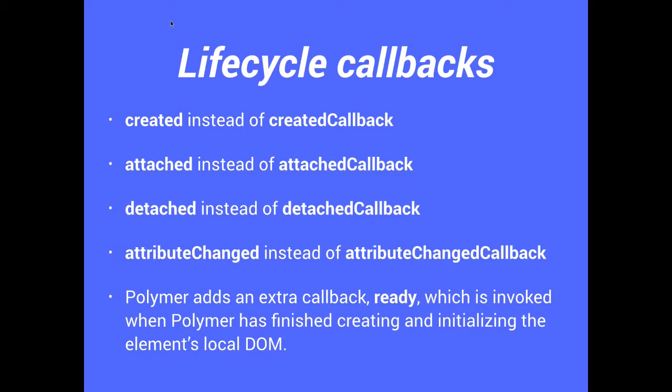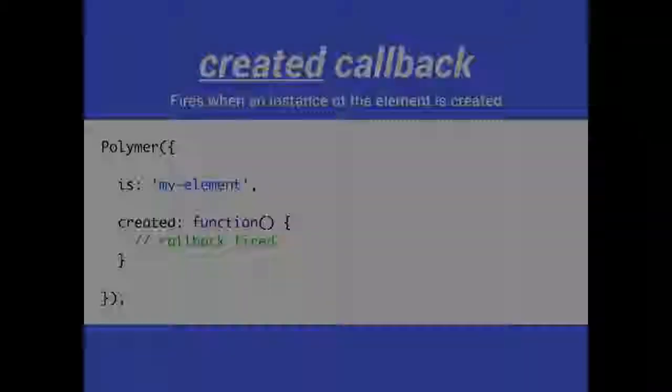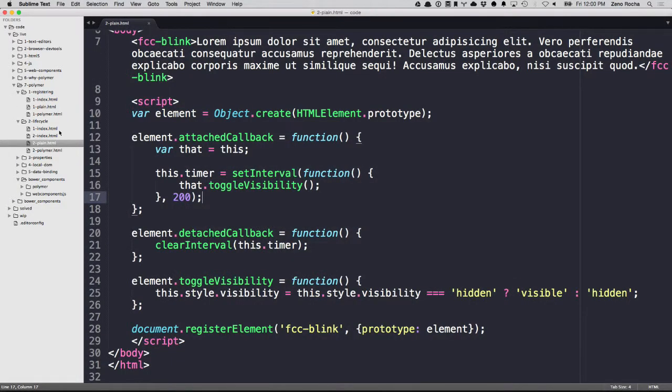What you need to know about the ready callback is that it's called when the local DOM is finished. We're going to see what local DOM is in a bit. So this is the created callback. We can do the same thing as we did the other time.